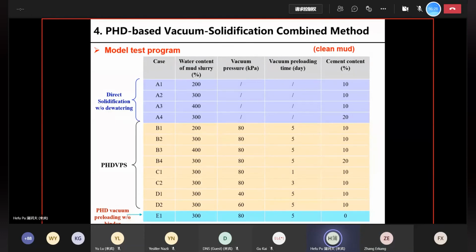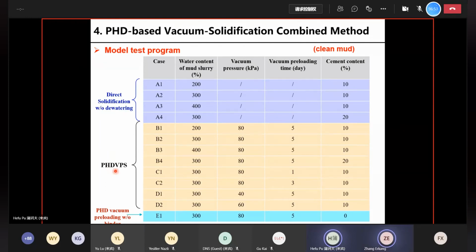At the bottom, we also have the PhD vacuum preloading method. In this case, it has no binder, just vacuum preloading, same as in section 2 of my presentation earlier. And in the middle, we have this PhD VPS method, which is a PhD-based vacuum solidification combined method.